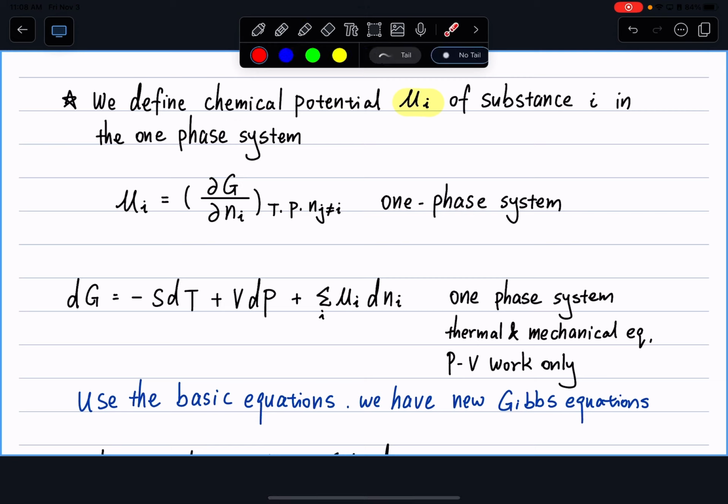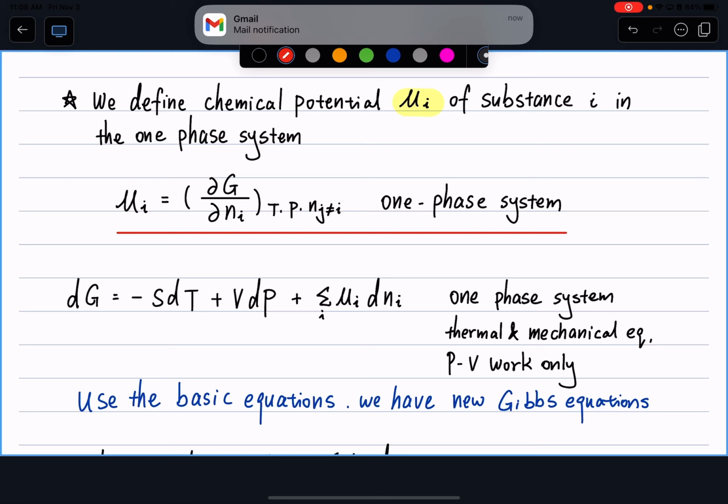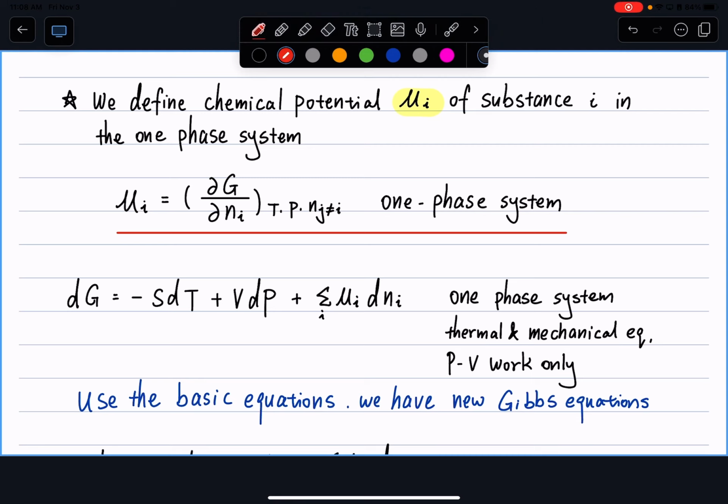Now let's assume we have a one-phase system. We'll talk about phase change shortly after. So here's the definition of our chemical potential. Your mu i is defined to be the partial derivative of Gibbs free energy over the change of the number of moles of that substance i, where we keep everything else constant.